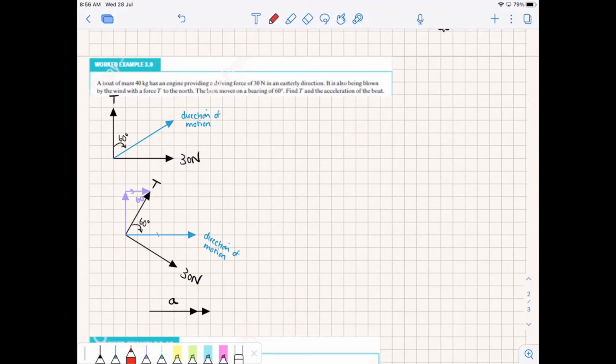Okay, let's split the 30 newtons one up as well. So we'll have a force going in that direction and a force going in this direction. And again, using the same principle, we can work out the angles. We have a 90-degree angle there, because one bearing is north, one bearing is east.